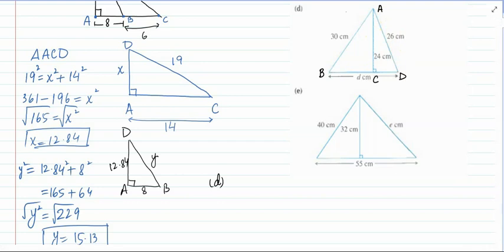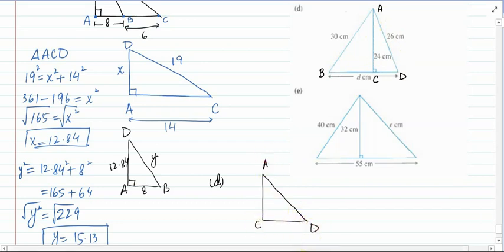In ACD, AC is known, that is 24, AD is known, that is 26, and let's say the length of CD is X. We can find the value of X, as that is a right angle triangle, right?